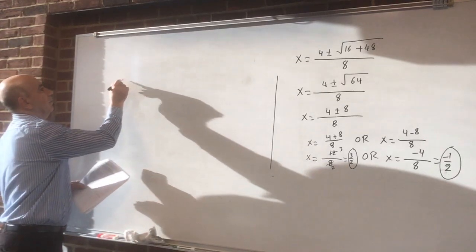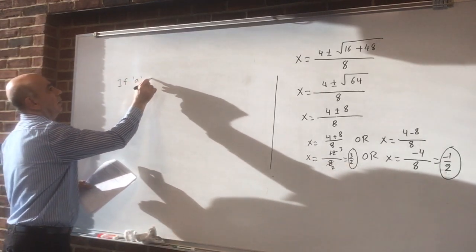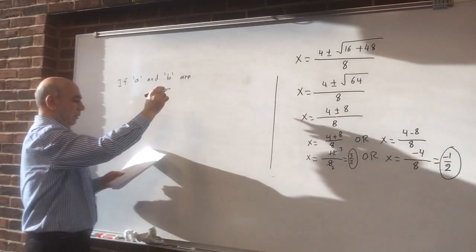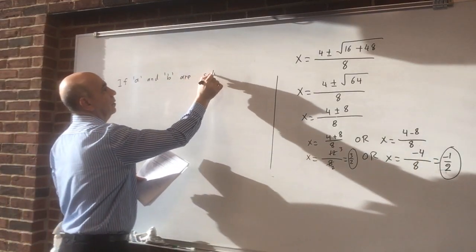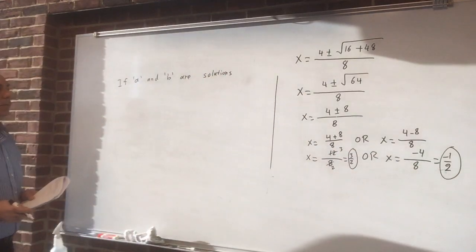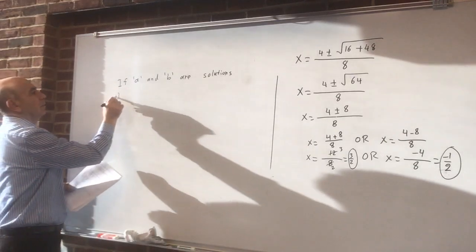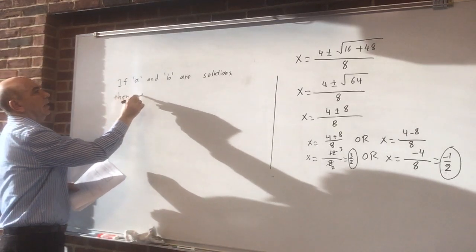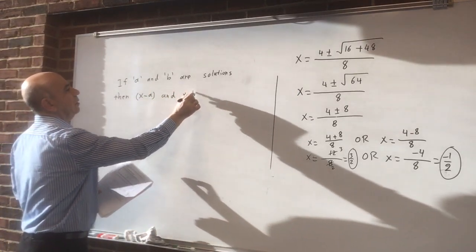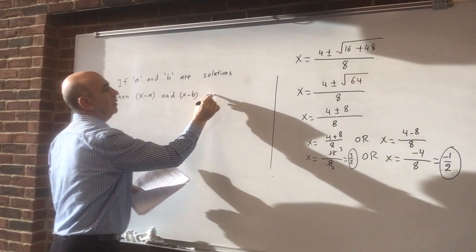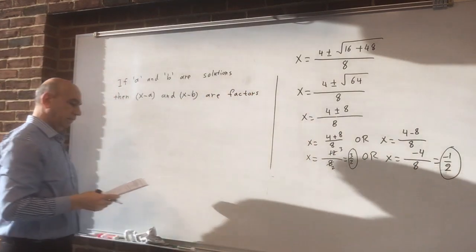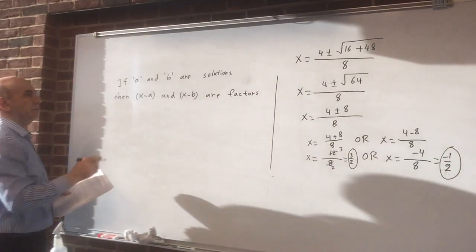Now, if a and b are solutions to the quadratic equation, then x minus a and x minus b are factors of the equation.